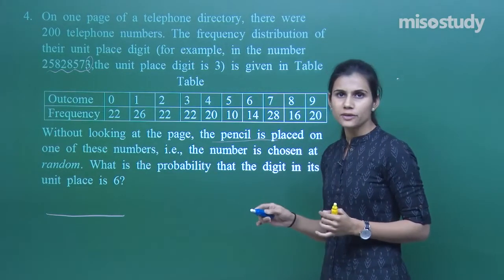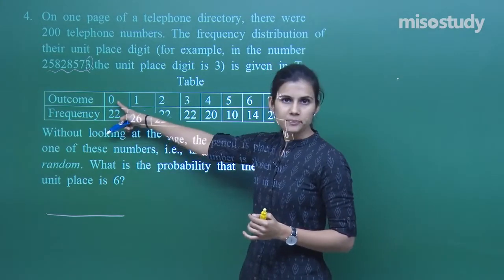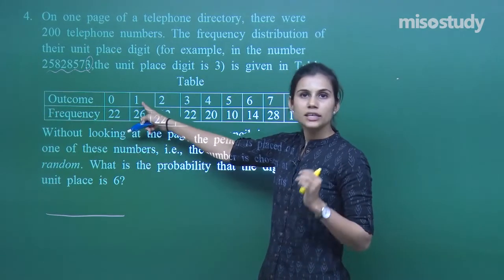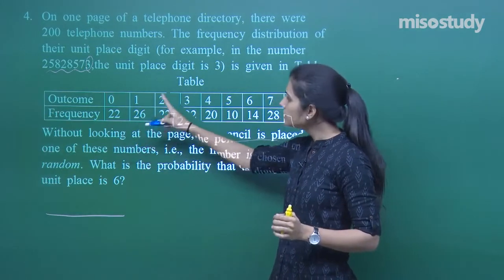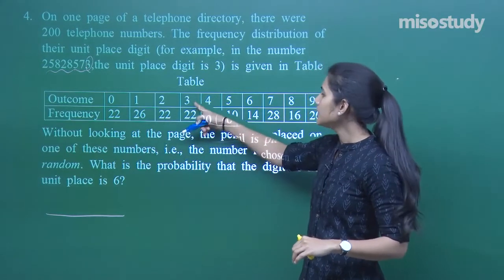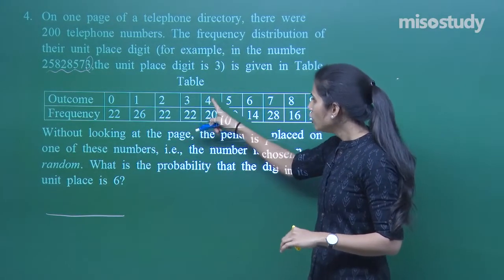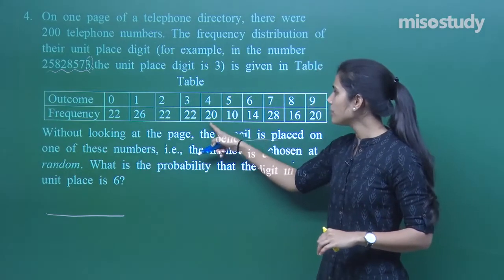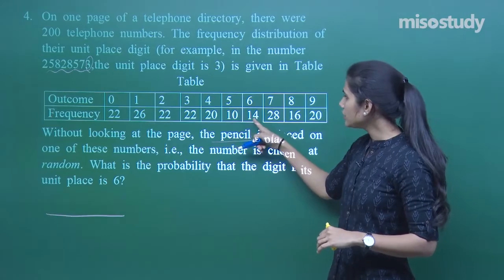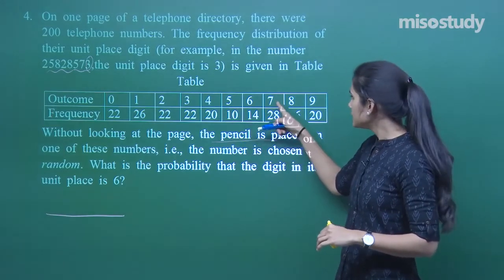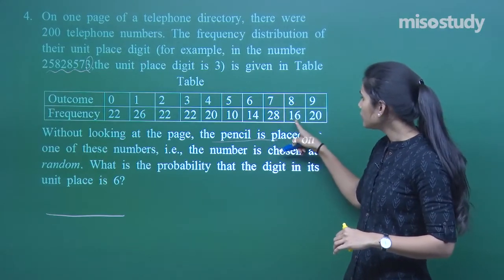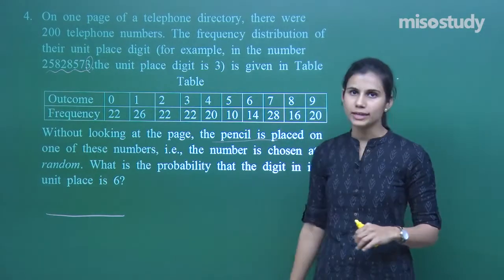In those 200 telephone numbers, 0 was the unit digit in 22 phone numbers, 1 in 26 numbers, 2 in 22, 3 in 22, 4 in 20, 5 in 10, 6 in 14, 7 in 28, 8 in 16, and 9 in 20 phone numbers.